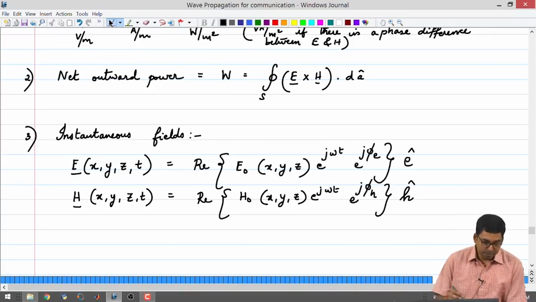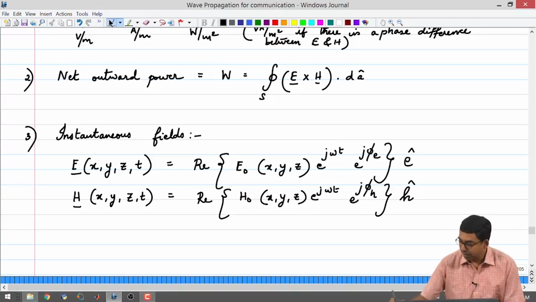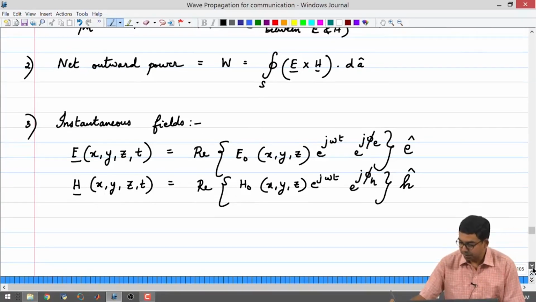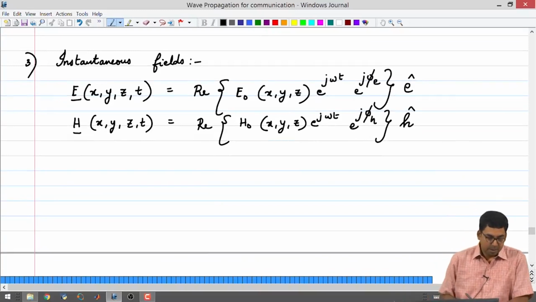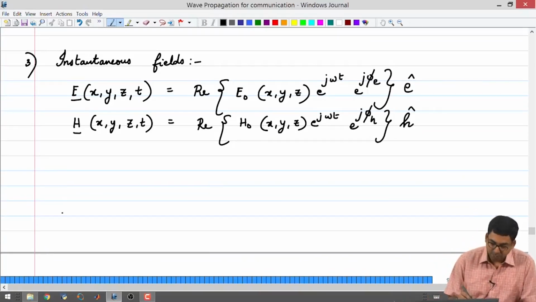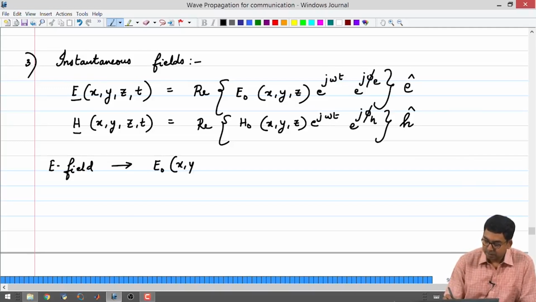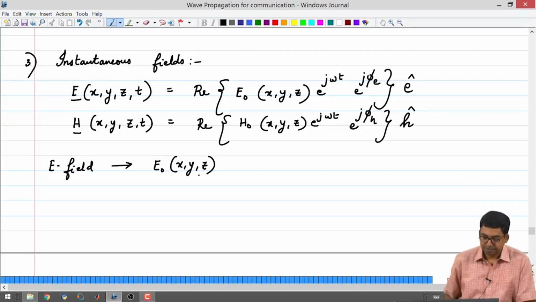Okay. So, now since we are talking about the real part of these exponentials, we could always say that the electric field is going to look like some value E naught at some position x, y, z.